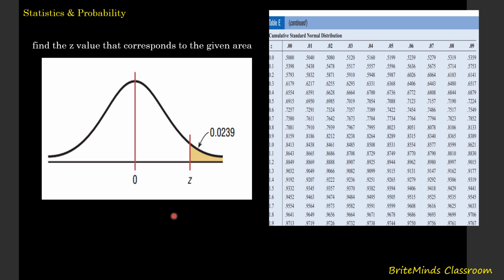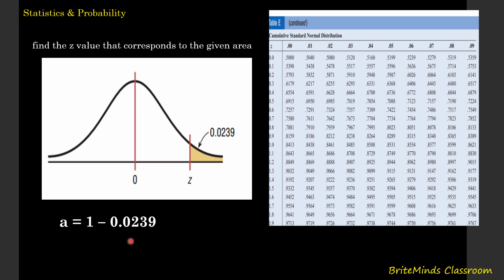Based on our sketch, the shaded area, which is 0.0239, is located to the right of the z-value. Our procedure table states that if the area is located at the right of the z-value, we will subtract the area from 1.